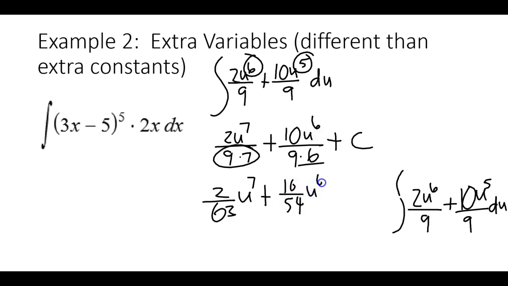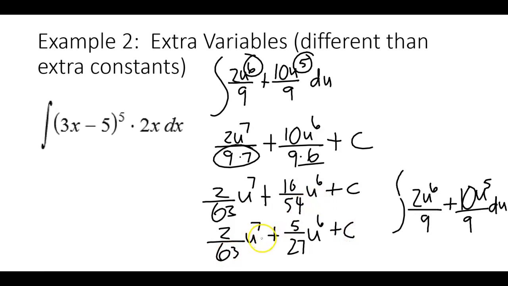And I'm just going to put the u to the 6th on the side now. You could keep it on the top as well if you want to. I'm just going to move it to the side like that. My first fraction does not reduce. 2 over 63 does not reduce. But 10 over 54 does reduce. We can fix that. So let's reduce that a little bit. Let's see. I know 2 goes into both of those. So that'd be 5 over 27.